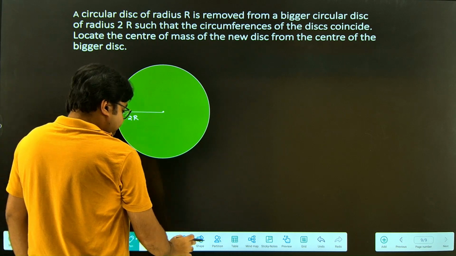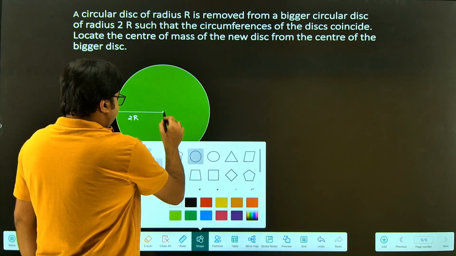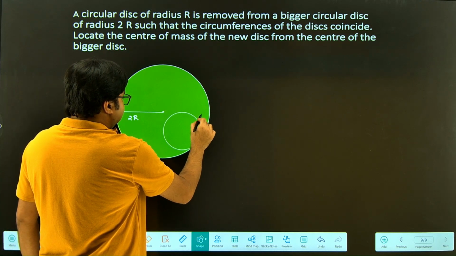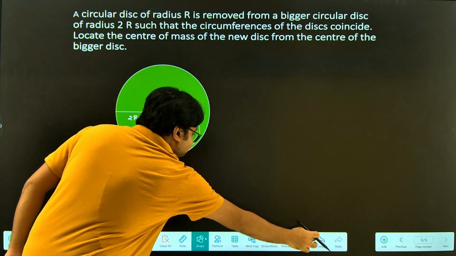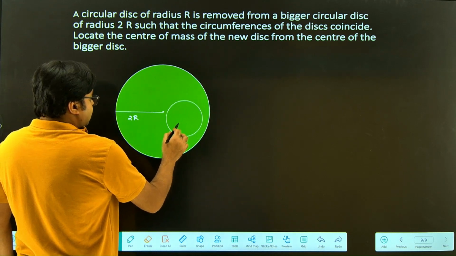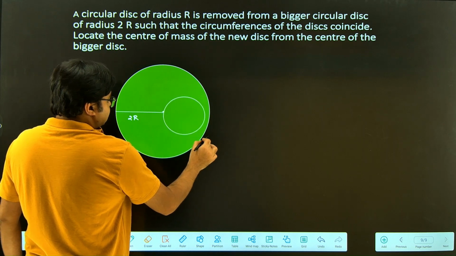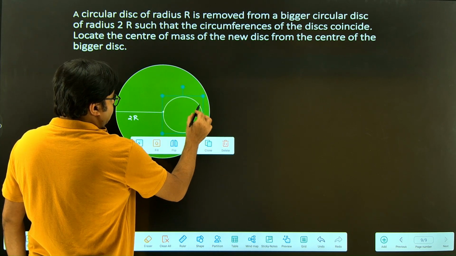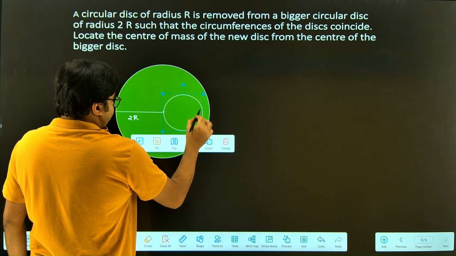So let's do that bit. So you have to remove this particular part of the disk.